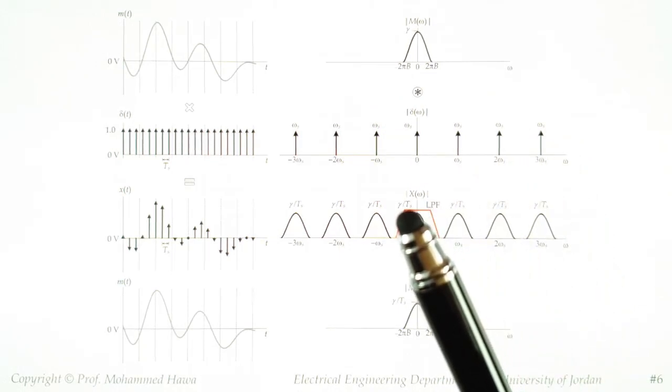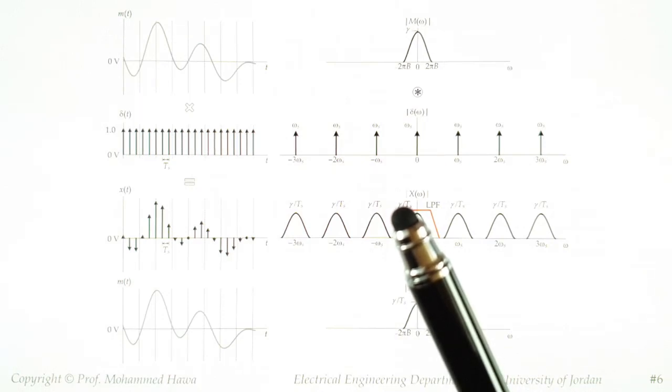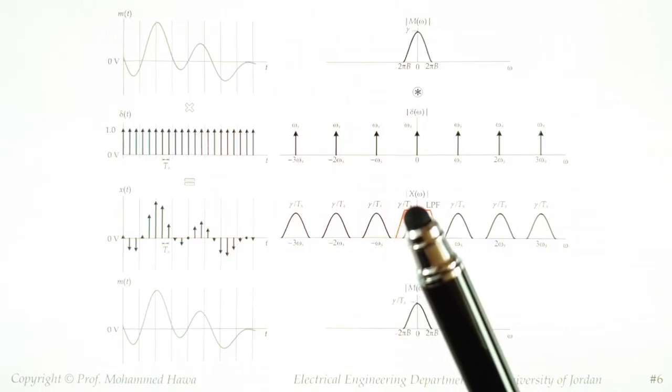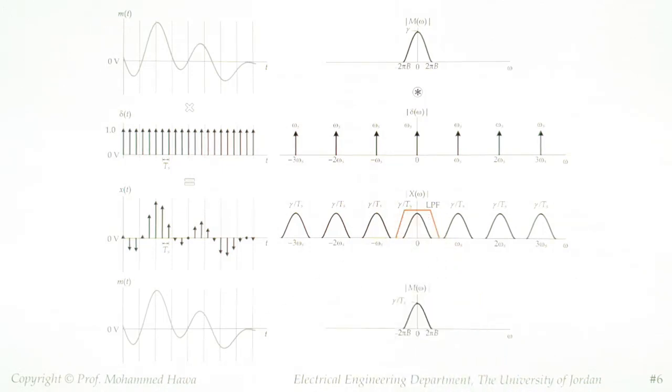But also remember that after doing convolution, you have to divide by 2 pi. So the answer will be gamma multiplied by omega s over 2 pi, which is gamma over Ts, where Ts is the sampling time. So if your low pass filter has a gain of 1, what you're going to get at the output is gamma divided by Ts.